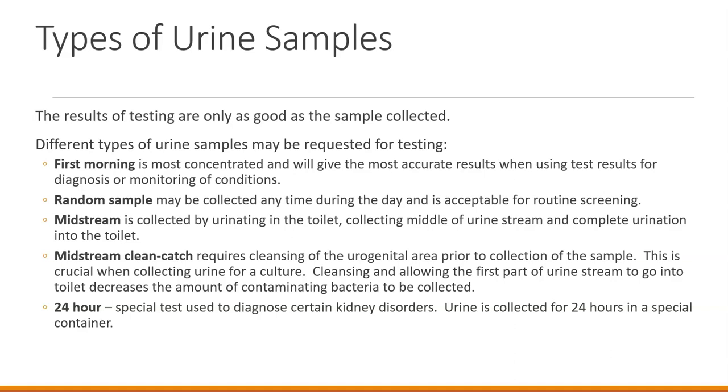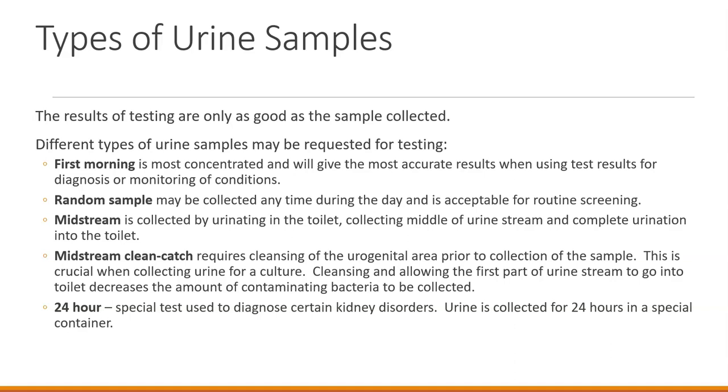A midstream clean catch requires cleansing of the urogenital area prior to collection of the sample. This is crucial when collecting urine for a culture. Cleansing and allowing the first part of the urine stream to go into the toilet decreases the amount of contaminating bacteria to be collected.